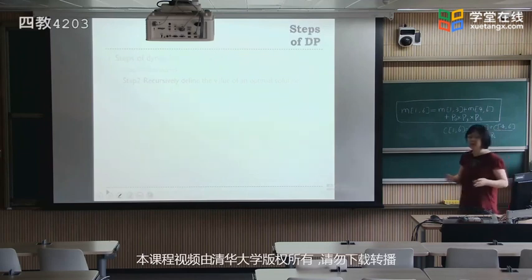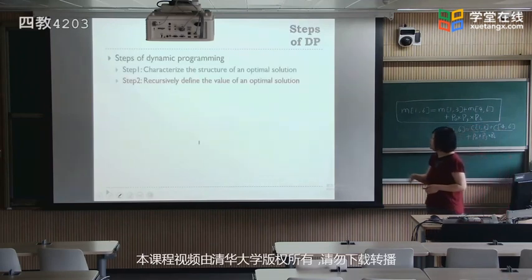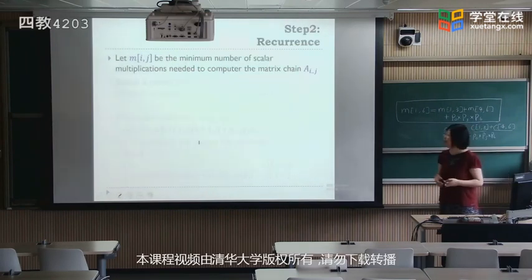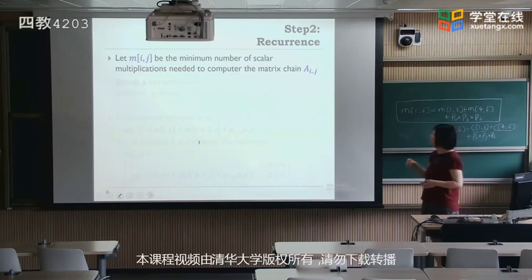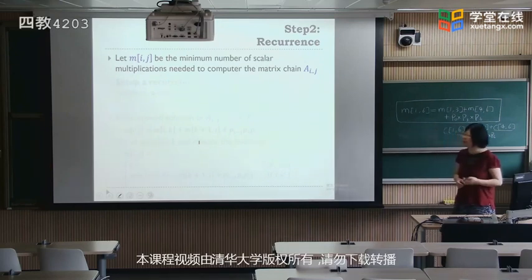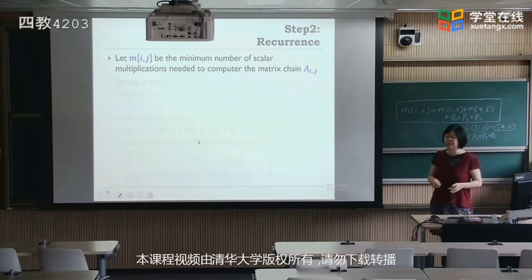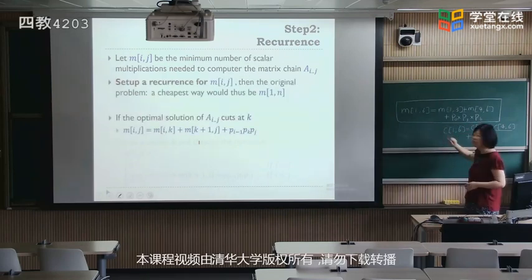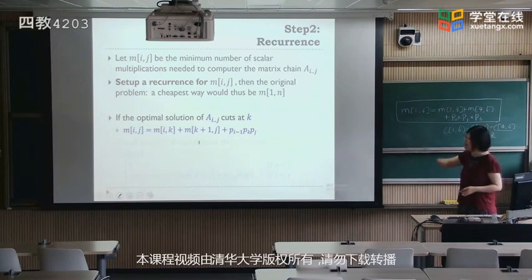So we're done with step number 1. Step number 2, set up the recurrence. Let Mij be the minimum number of scalar multiplications needed to compute the matrix multiplication from Ai to Aj. So if we already know where the cut is, we can write something like this.